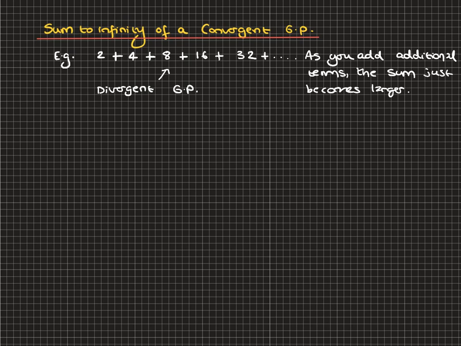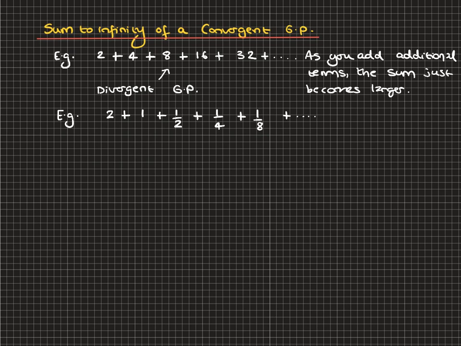But if we have a convergent geometric progression, something more interesting happens. So let's take the geometric progression, which is 2, 1, a half, a quarter, an eighth. Let's make it infinite, so plus and so on. And let's make it a series, so we add the terms together.